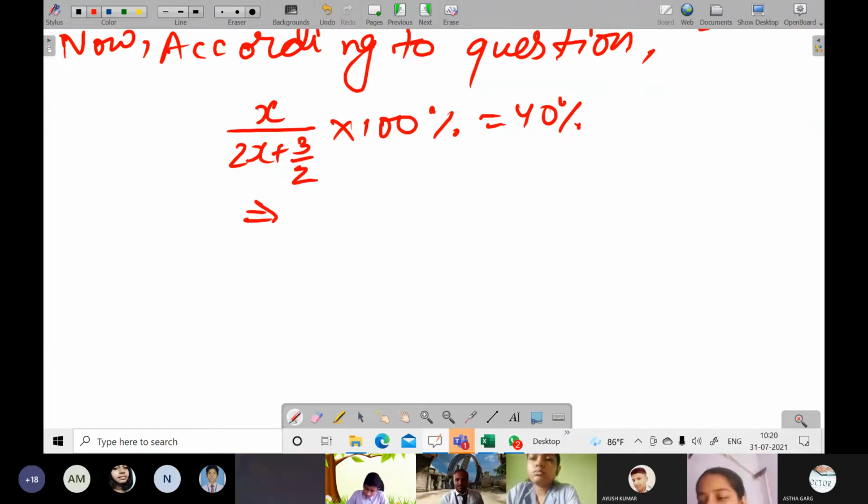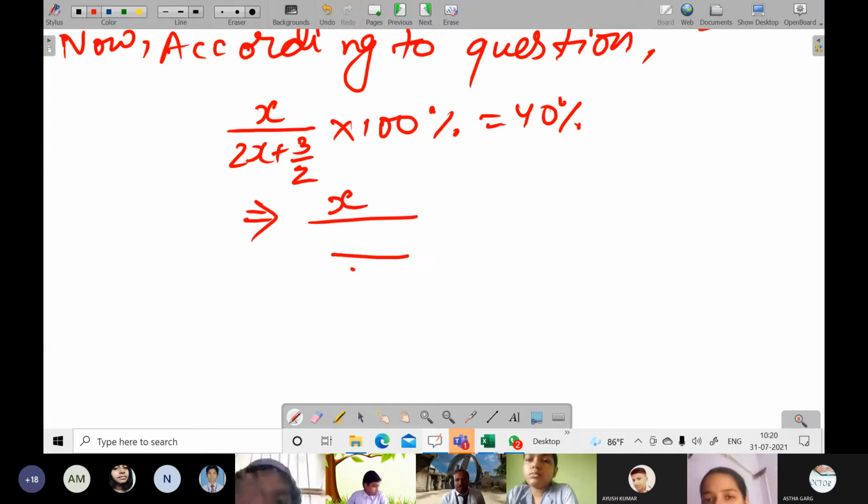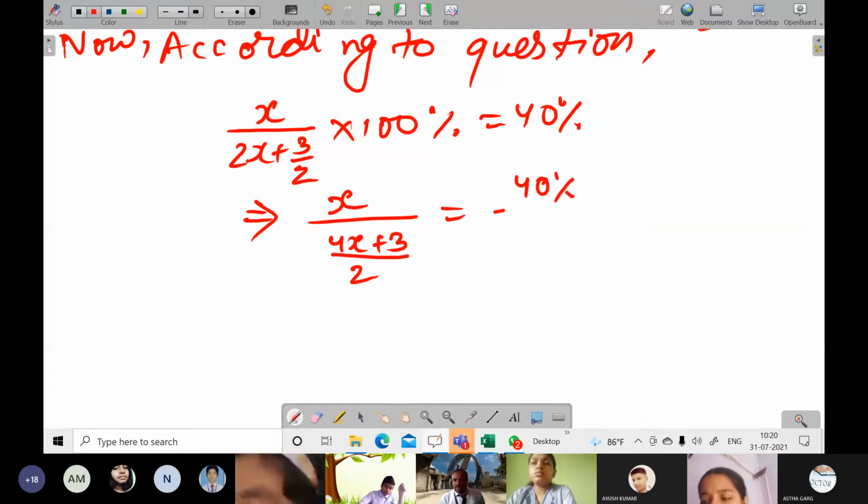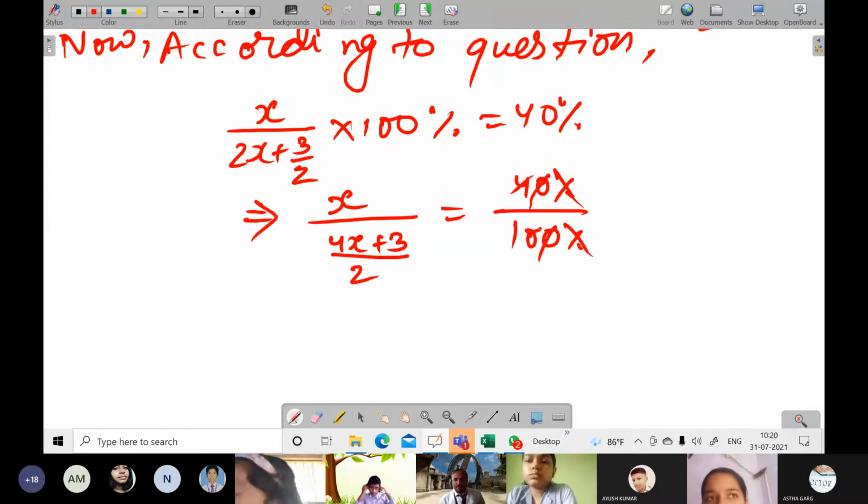We can do fraction add also: 2 over here, and 4x plus 3, is equal to 40% over 100%, and the percent got cancelled. Then 0 got cancelled, 2 2s are 4 and 2 5s are 10.